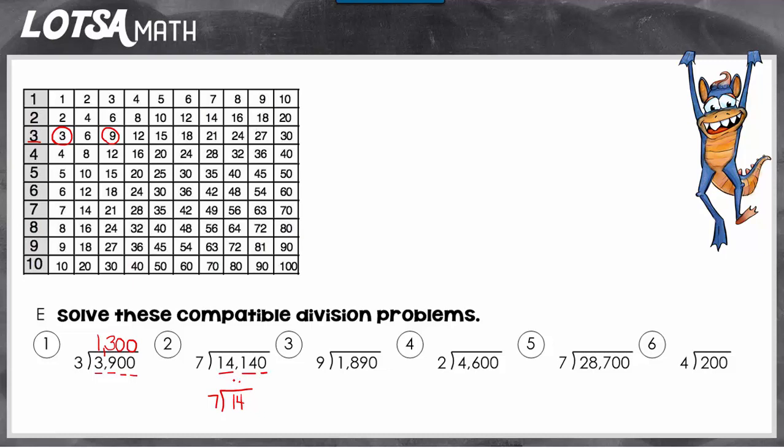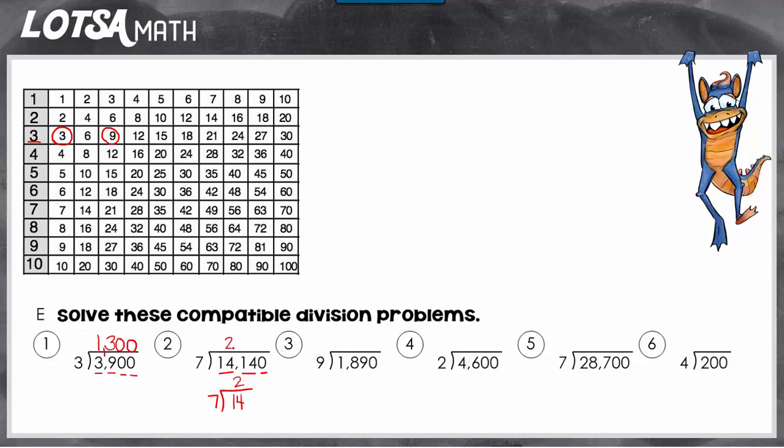So we actually put the 2 on top of the 4 because in this problem, 14 now is made up of 2 places, the ones place and the tens place. Since our answer is just 1 digit, we need to make sure that we put that 1 in this problem's 1 place. So in our real problem, we're going to make sure that we put the 2 right above the 4.